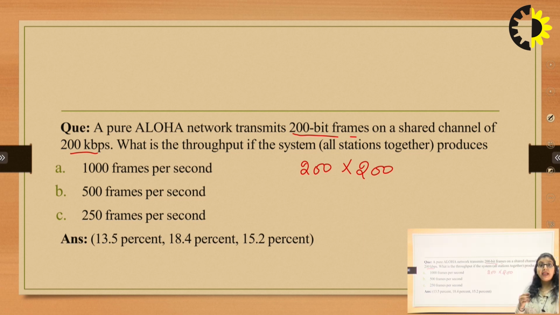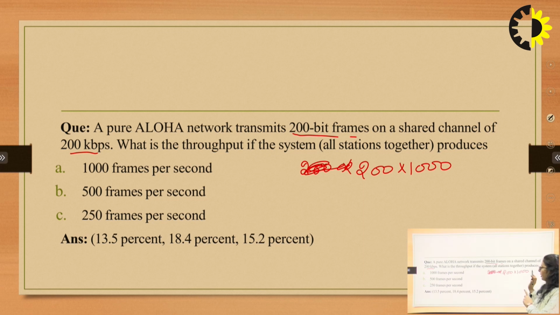It is in kbps, so we need to convert it into bps. So, 200 is multiplied by 1000, which gives 200 kbps in bps.